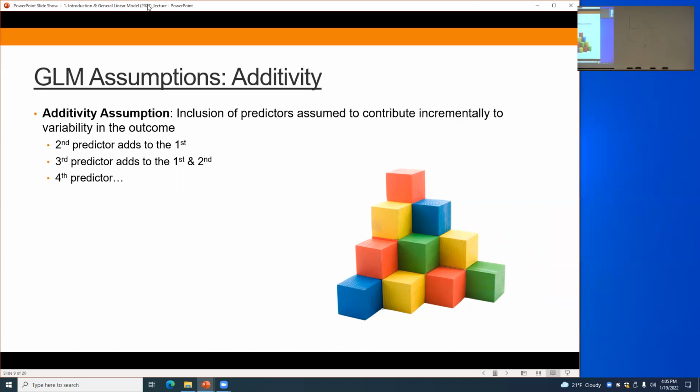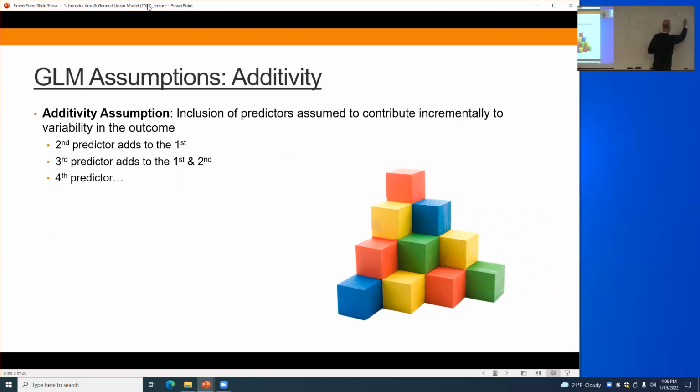So what we end up with is something, if this is, say, total variability in your DV, right? Your additivity assumption is you're saying, okay, my first IV gets a lot of that chunk, right? But there's still a lot I haven't accounted for. In a good efficient model, you're saying, okay, what about what's left over that's not being accounted for by that?